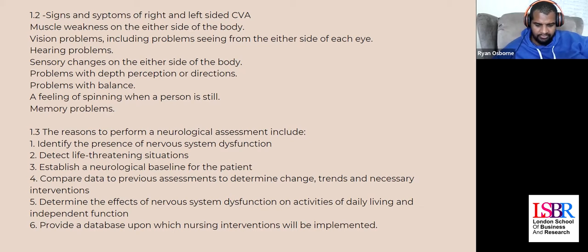So we're now going to look at the next one, which is determining the effects of the nervous system dysfunction on activities of daily living and independent function too. Why is that important?